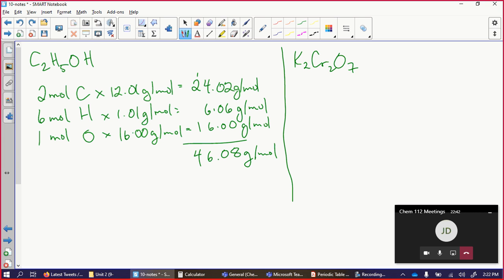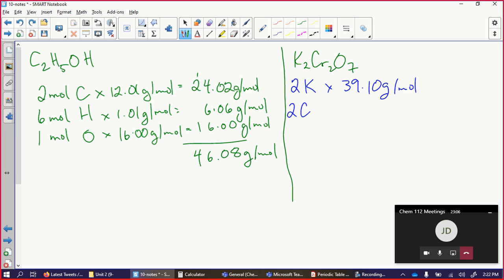One more, just because this one has all sorts of different ones. Carbon and hydrogen are easy, so eventually I start to shorten things. And I know I've got two potassiums. Each one is 39.